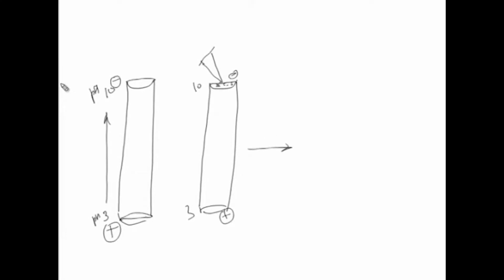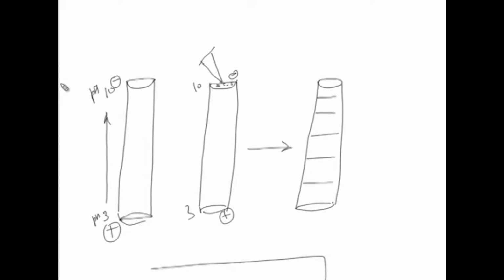When you apply the electric current, you will get different bands, which could be visualized by staining. The same will happen in a slab gel, like for example, I can just show you here.